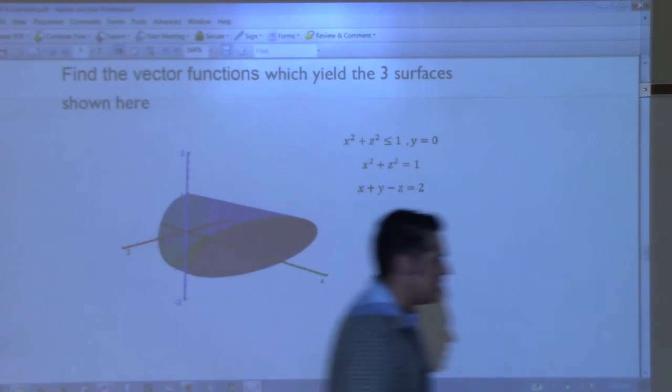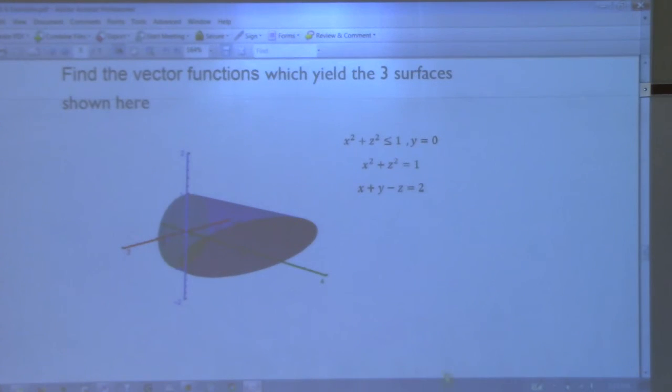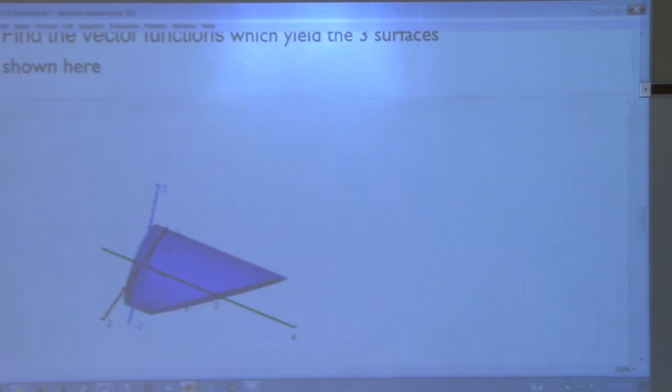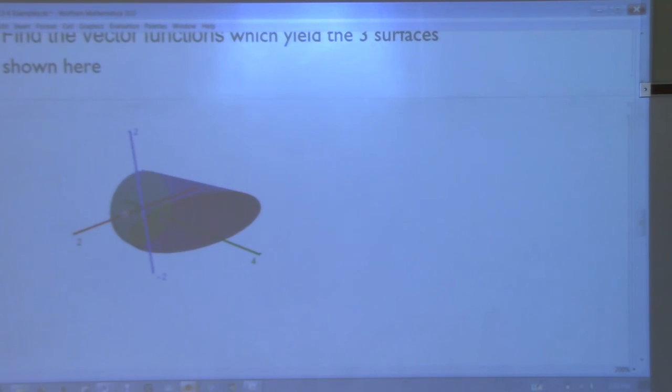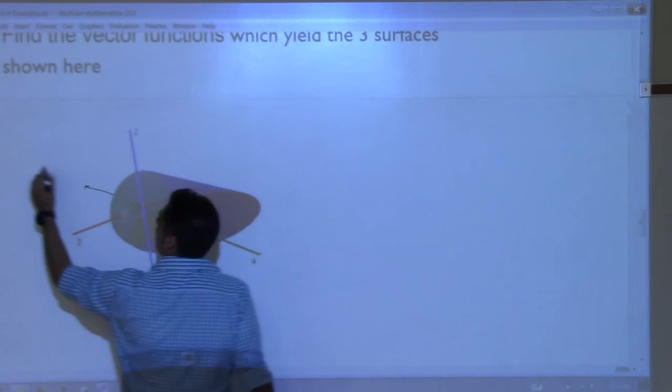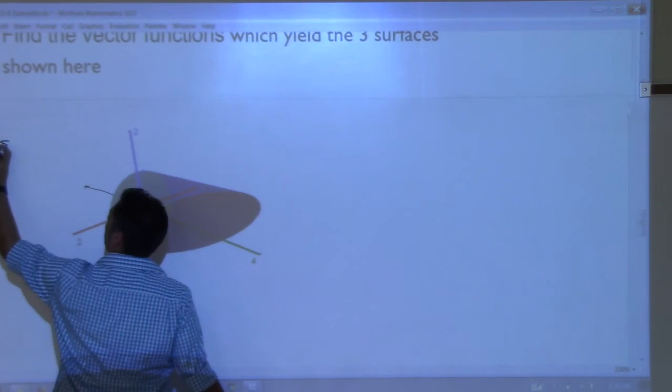Okay, now is this thing up against the back? Yes, it's up against the back. You can see that? Okay, so y is 0. So for that back surface, we'll call that S1.